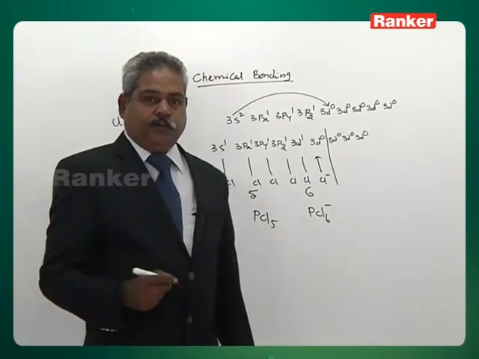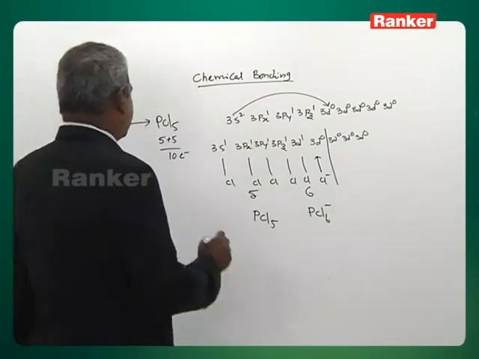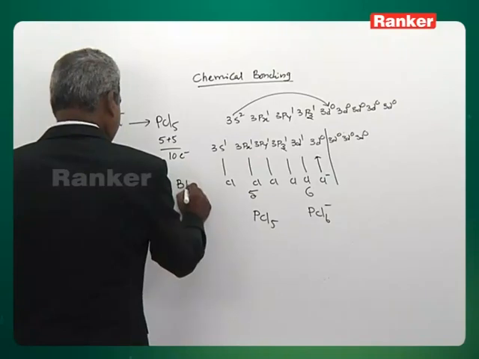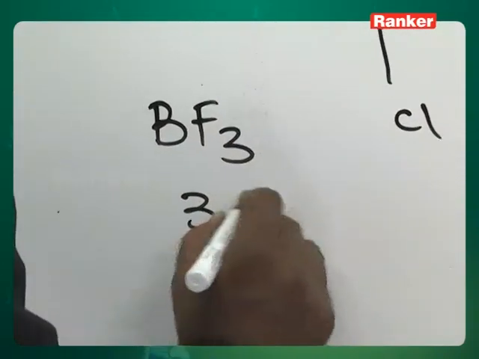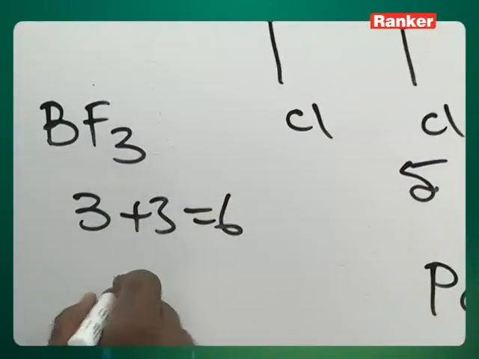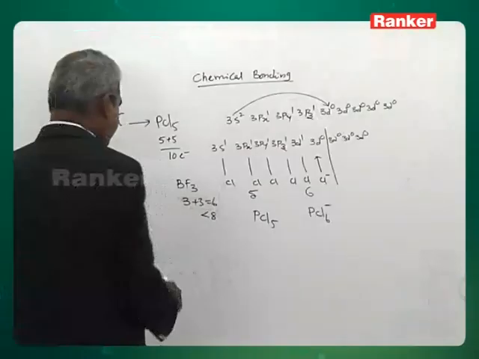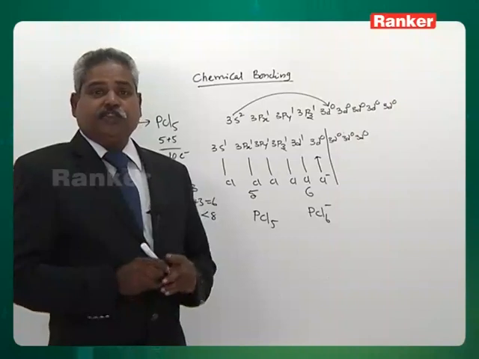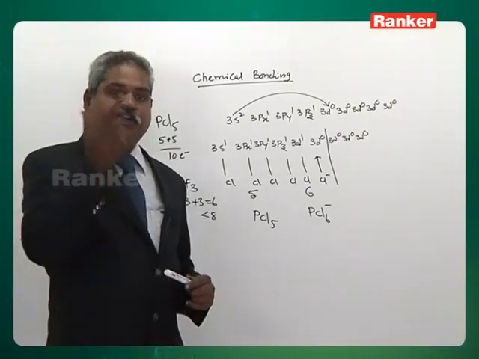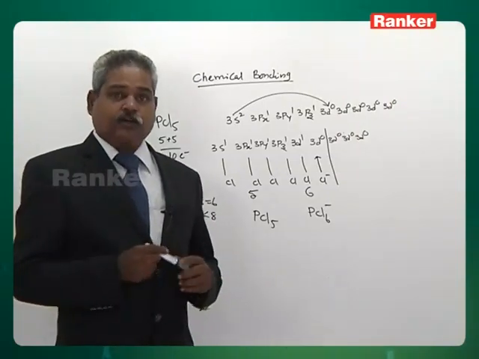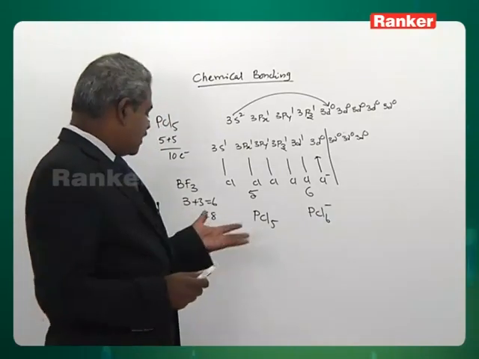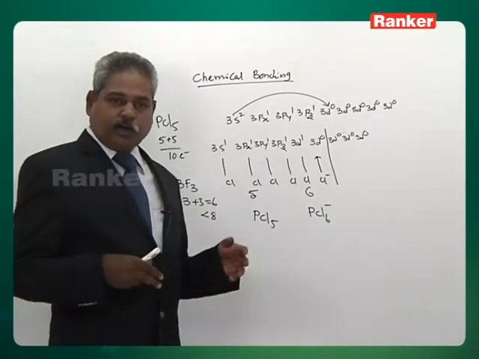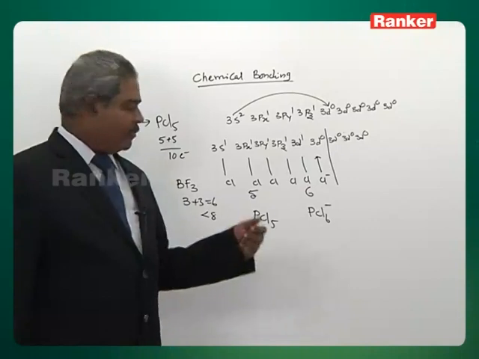If you are short of electrons, as in the case of boron trifluoride, 3 plus 3, 6, it is less than 8. Boron trifluoride has less than 8, and such species are called electron deficient species. Boron hasn't got the octet, but it had no alternative, therefore it formed BF3.